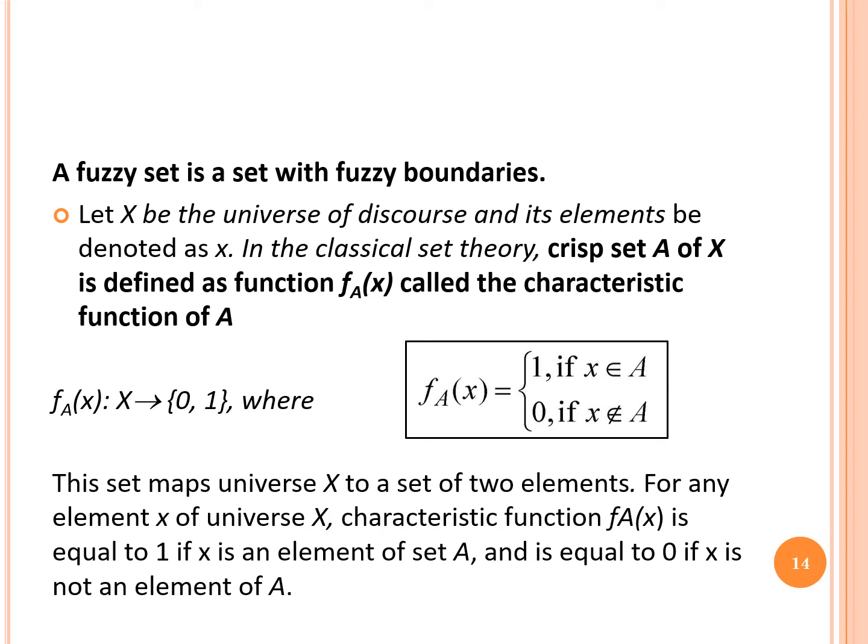If you have less than 180, the function is 0, where x is not in the set's membership.